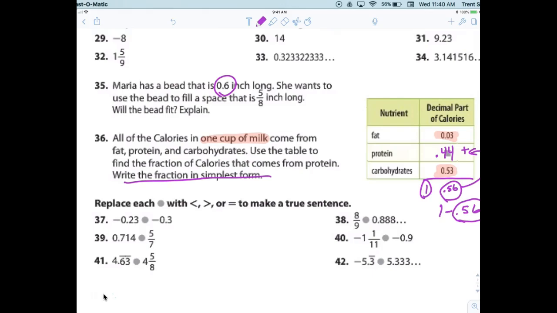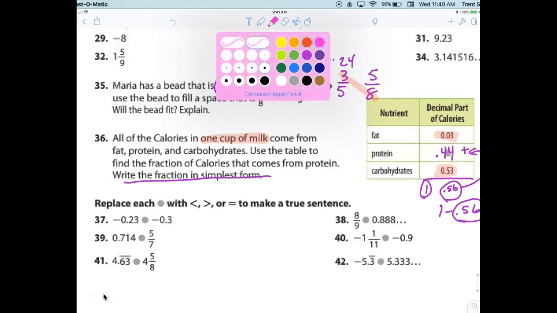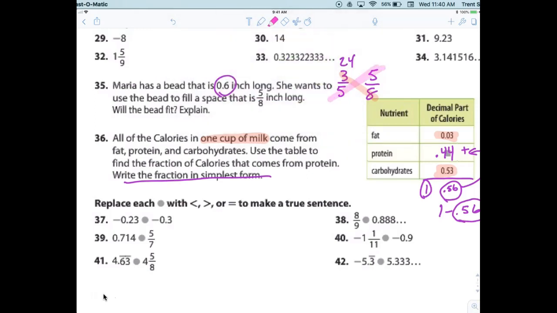So now we're comparing 3/5 to 5/8. Now it's just a matter of which one's bigger. All right? So remember, to figure out which one's bigger, you can cross multiply, right? What's 3 times 8? 24. Good. And then what is 5 times 5?